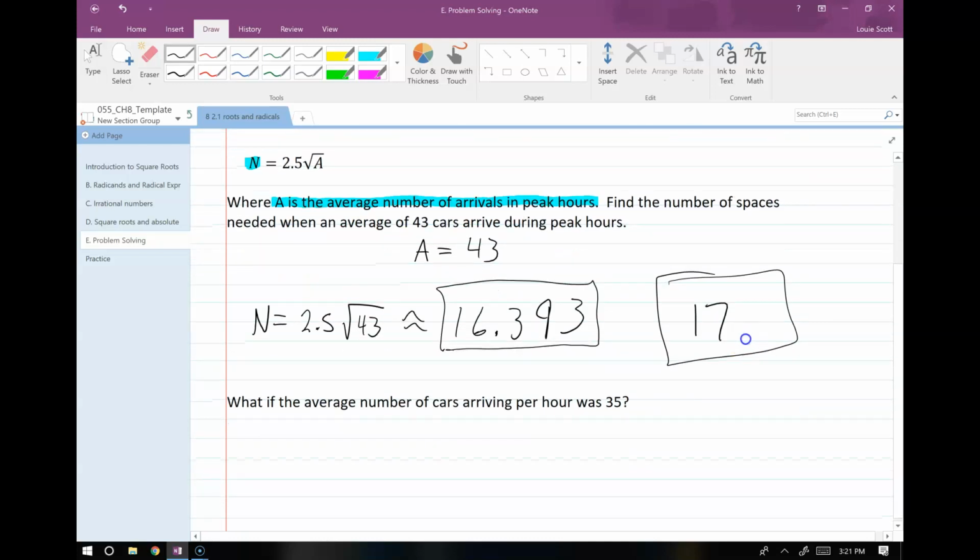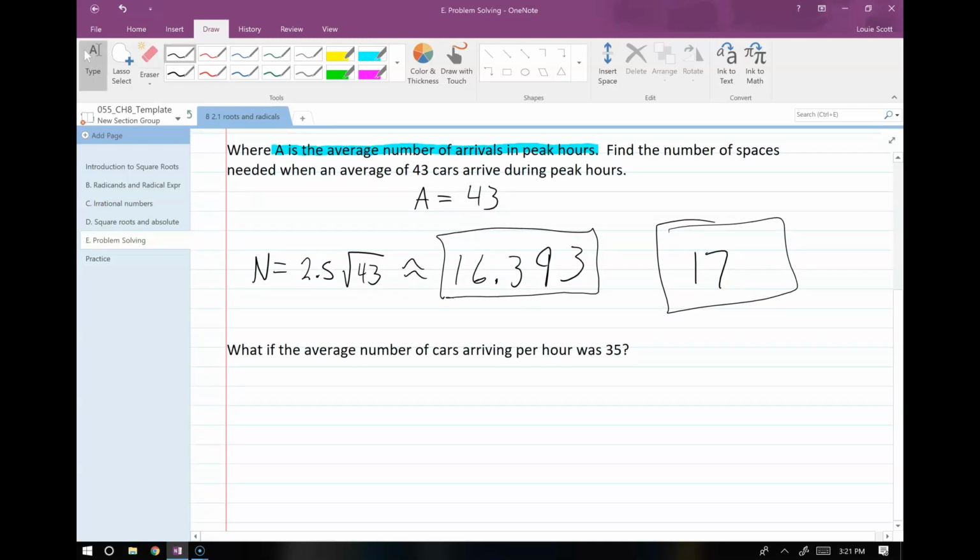Okay, if the average number of cars arriving per hour was 35, well, in this case, A equals 35. So that's a little different. Now we have N equals 2.5 times the square root of 35. And that gives me roughly 14.79.